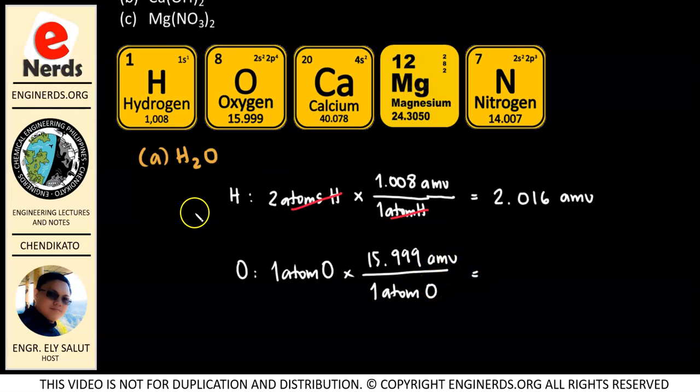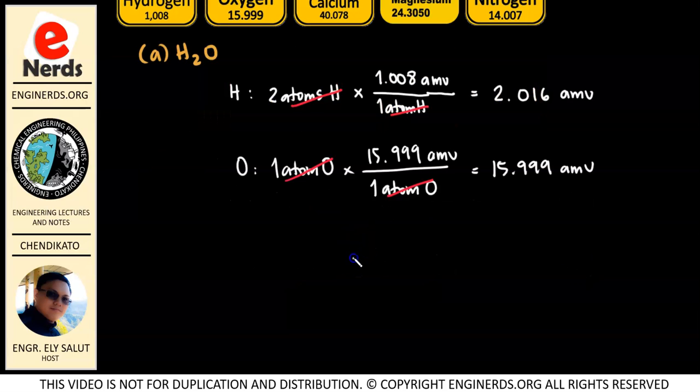Alright, so, again, as you can see, yung unit natin na atom of oxygen will be cancelled out. And then, we're going to multiply 1 times 15.999, which is equal to 15.999 atomic mass unit.